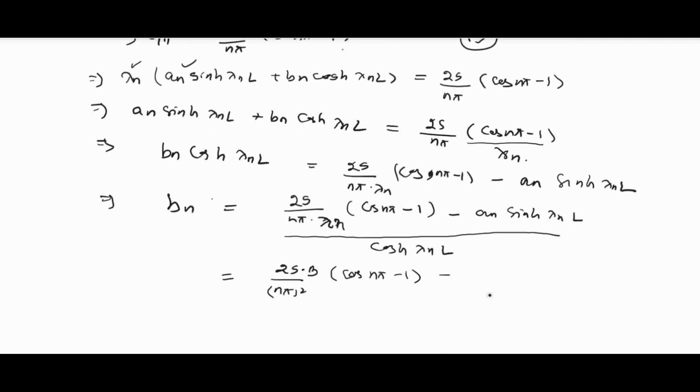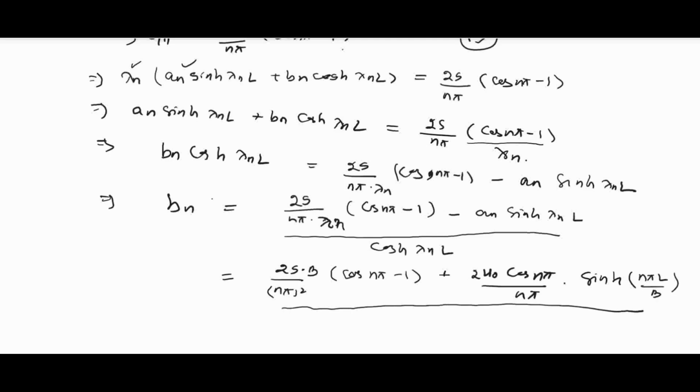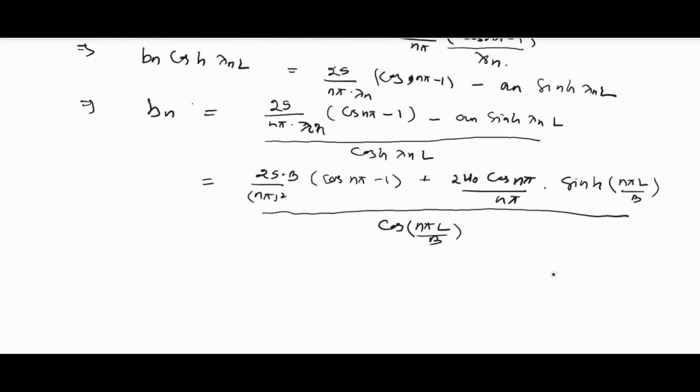So minus minus will become plus 2u0 cos n pi by n pi into sin h lambda n l, lambda n l means n pi l by b, divided by cos h lambda n l, n pi l by b. So we got the value of bn here, that is 2s b by n pi square cos n pi minus 1 plus 2u0 cos n pi by n pi into sin h n pi l by b. Clear? So bn value is this one.